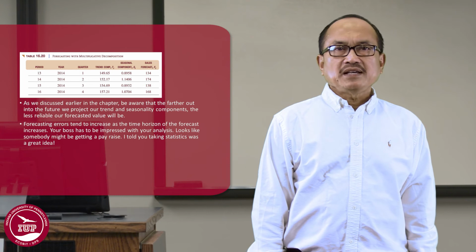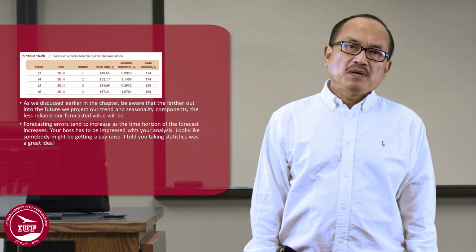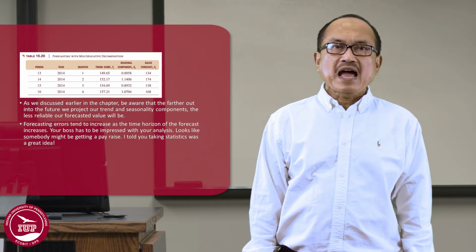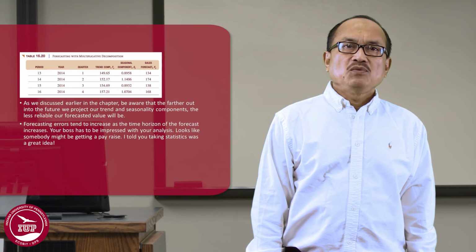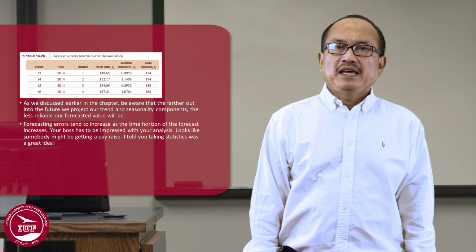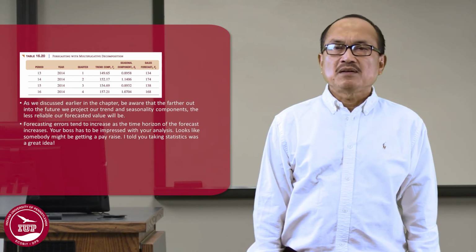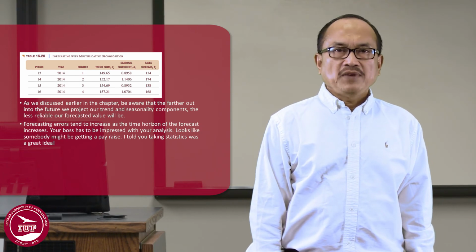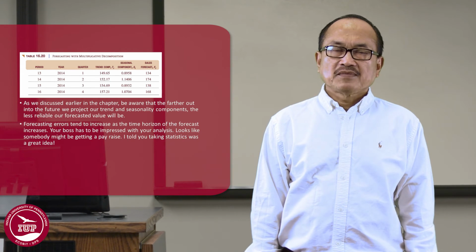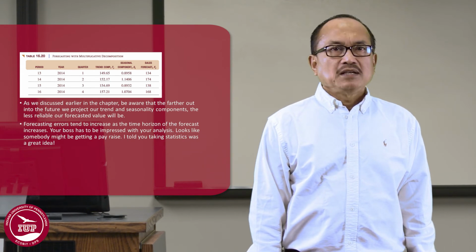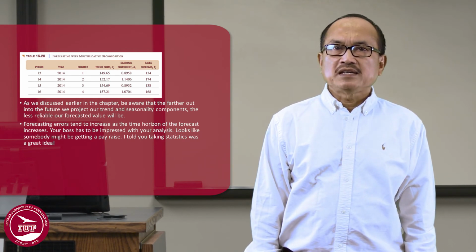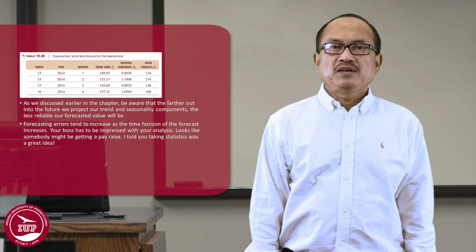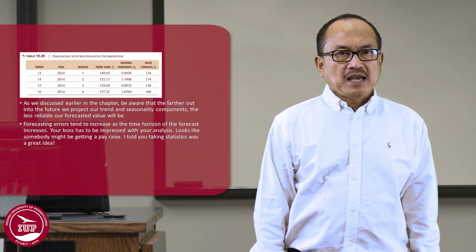As we discussed earlier in the chapter, be aware that the farther out into the future we project our trend and seasonality component, the less reliable our forecast value will be. Forecasting errors tend to increase as the time horizon of the forecast increases.